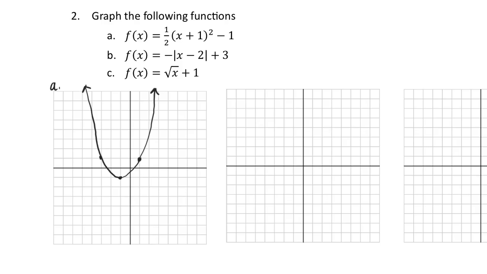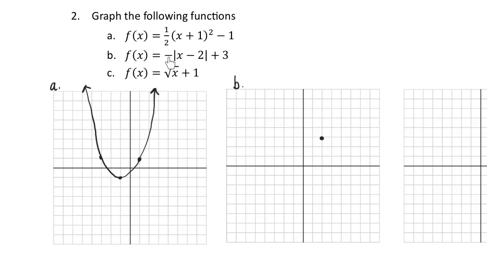So that's part A. For part B, this parent function is absolute value of x. Absolute value of x is a v-shaped graph where the vertex again is at 0, 0. So I need to figure out what these transformations are. This is 2 units to the right and 3 units up. So the vertex is 2 to the right, 3 units up.